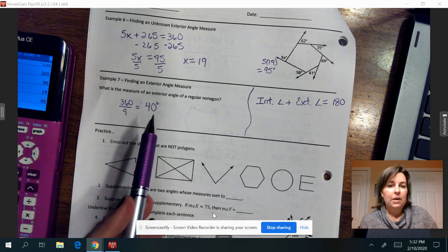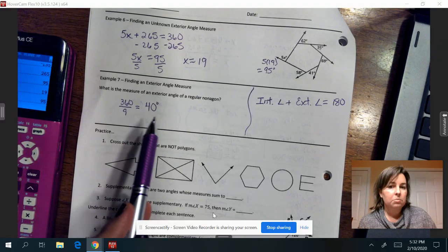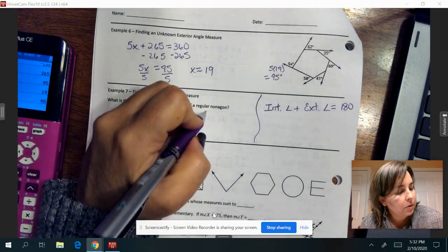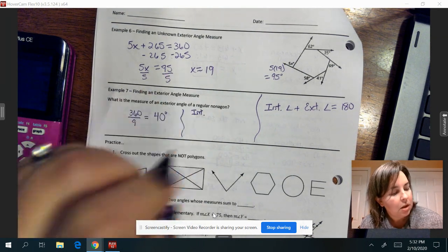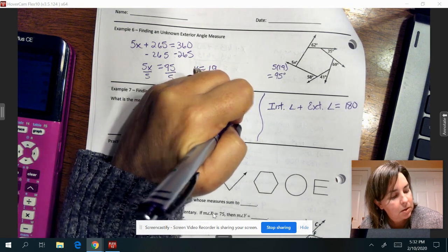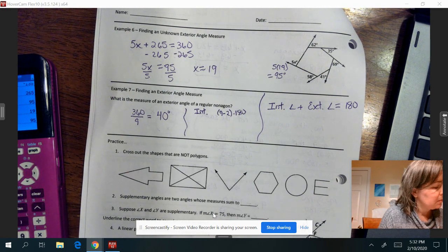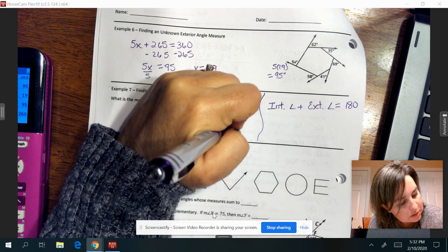You'll notice that if I took the interior angle of a regular nonagon, it should be supplementary. It should add up to 180 with 40. So remember, to figure out what the interior angle would be, you go 9 minus 2 times 180, which is 7 times 180, which is 1,260.